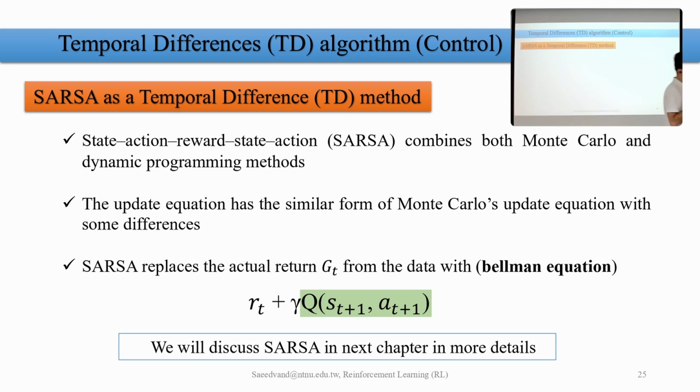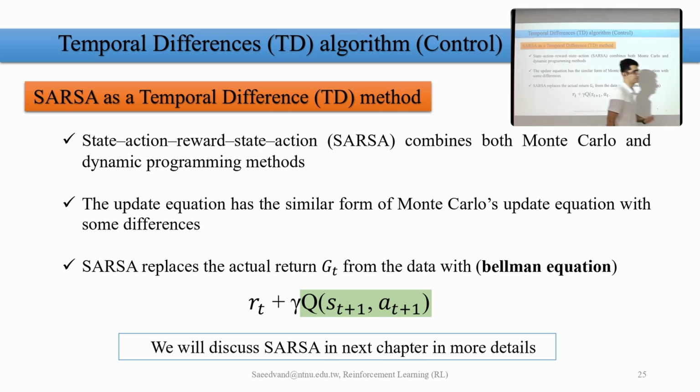So we have different techniques of the TD. One of them is SARSA. SARSA is the state, action, reward, state, action algorithm, a technique that combines both Monte Carlo and dynamic programming methods again. The update equation has similarity to the Monte Carlo equation with some differences.